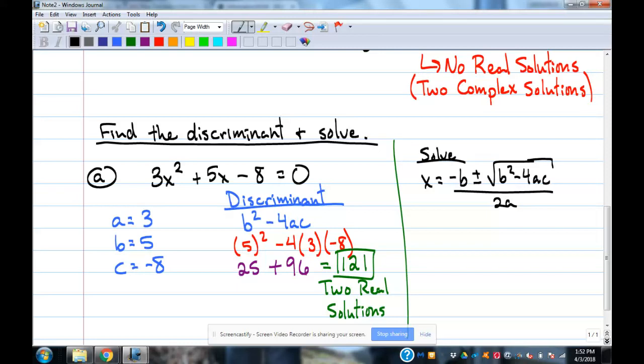So instead of having to write all this out and rework it, we've already got that part of the problem. So we have x equals, what's -b? It'll be -5 in this case, plus or minus the square root of 121 over 2 times a. 2 times 3 in this case.